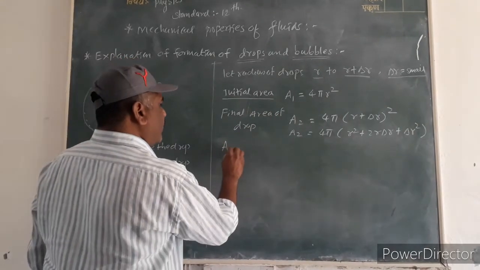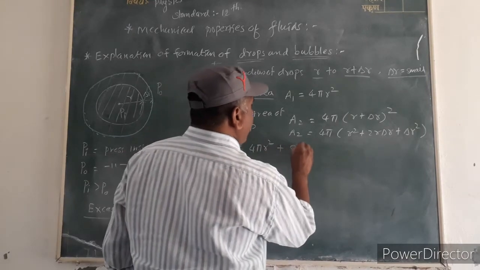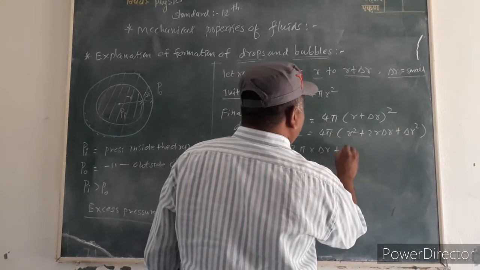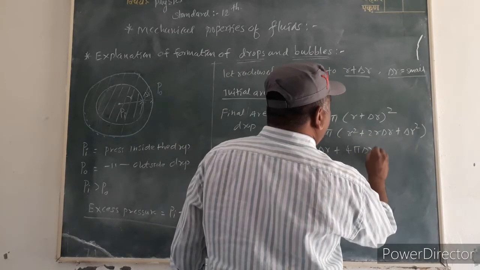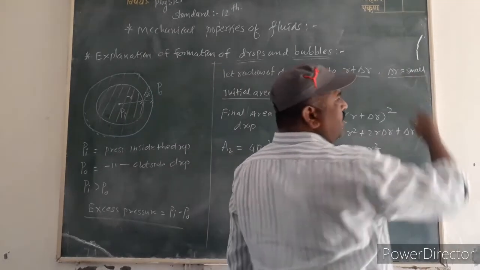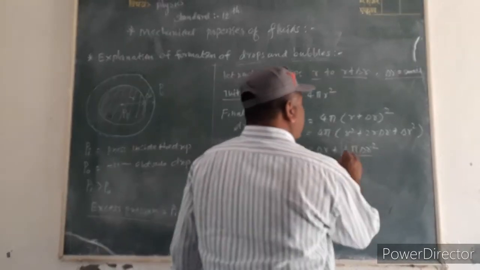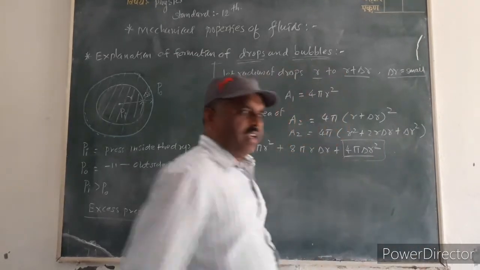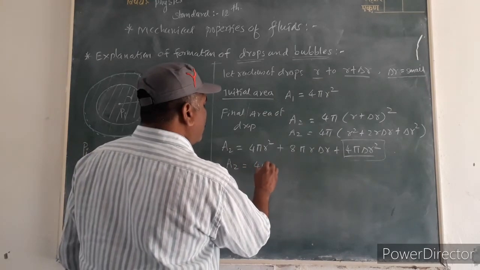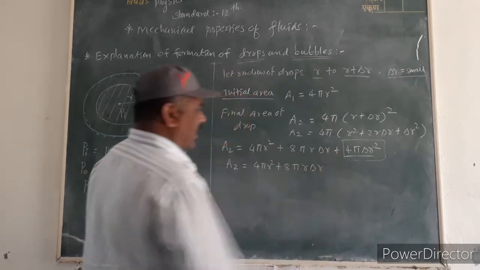Therefore, A2 is equal to 4 pi R square plus 8 pi R into delta R plus 4 pi delta R square. But delta R is very small, its square is also very small, hence this quantity is neglected. Therefore, final area A2 is 4 pi R square plus 8 pi R into delta R.